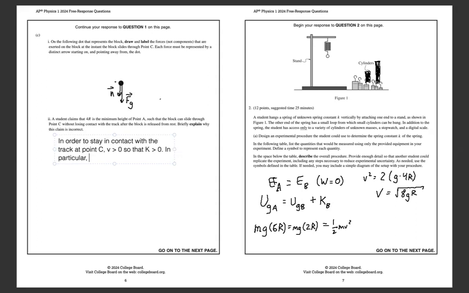In particular, the speed has to be greater than the square root of the radius multiplied by the acceleration due to gravity in order to stay in contact with the ramp. Because in that case, mv squared over r is going to have to be greater than mg, indicating that some normal force is present.